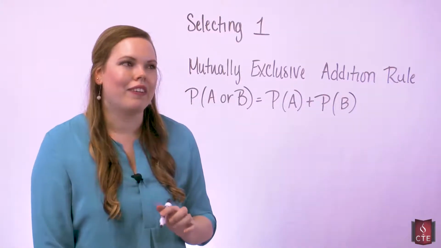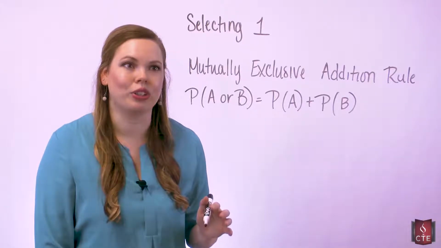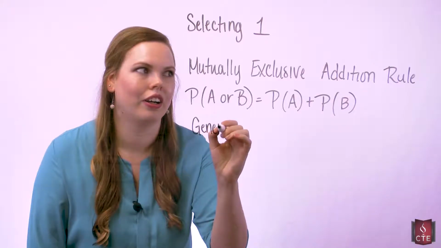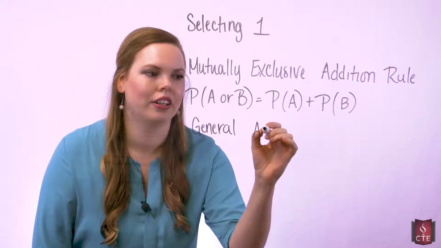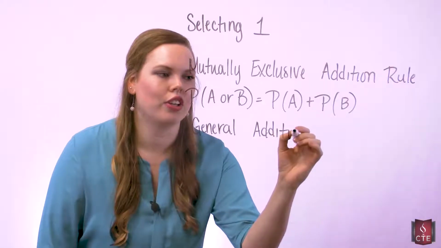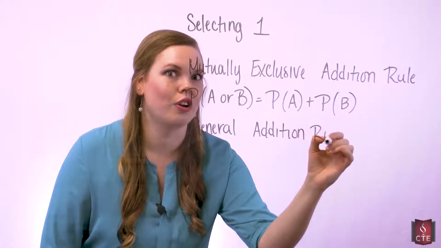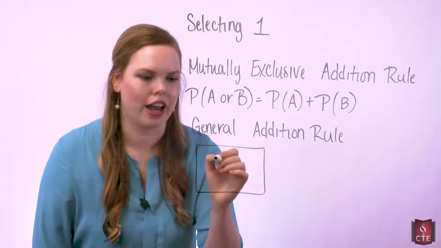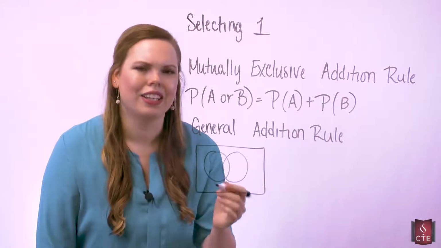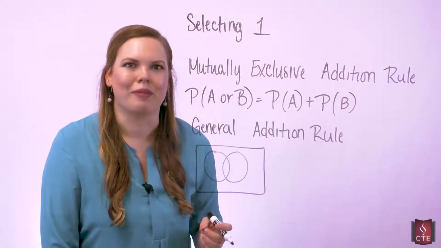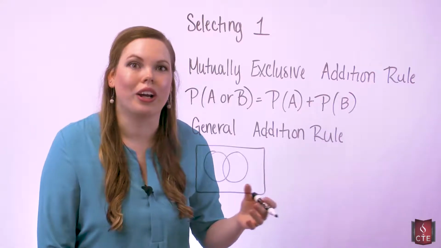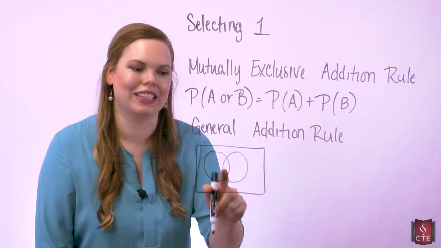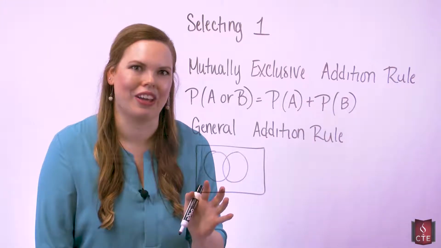If they are not mutually exclusive, this is our general addition rule, used when the two events do overlap. So when you have a Venn diagram, you are going to have an overlap between the two events. Something like with cards, the probability of a king or a spade. You have a king of spades that lands in that overlap between the two events.